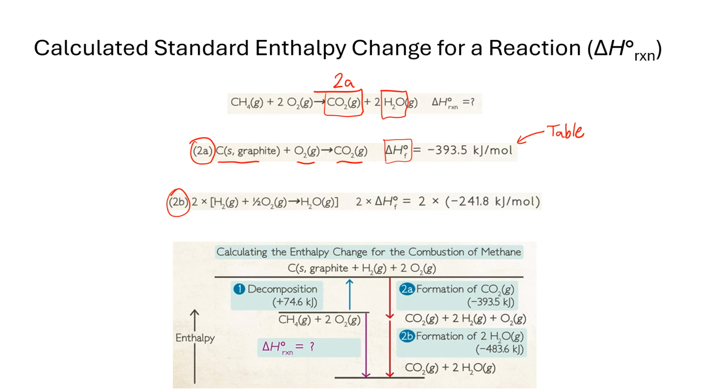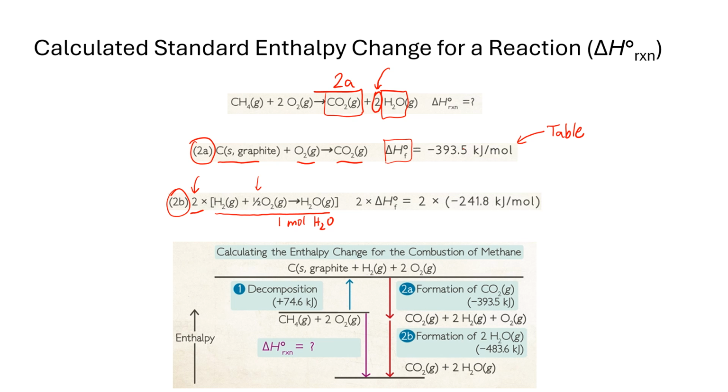Now, why is it that when we describe the formation of water, which is just coming from hydrogen and oxygen, when we balance the equation, we get half O2, and that's fine. But we're multiplying this entire thing by 2. And why are we doing that? Because there's a coefficient of 2 in front of the H2O. So to get 2 H2Os, if we want to make 2 of them, we have to multiply the equation for the formation of 1 mole of H2O to get 2.